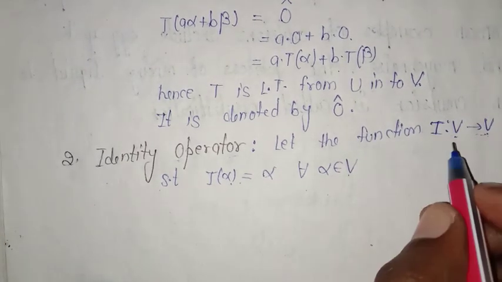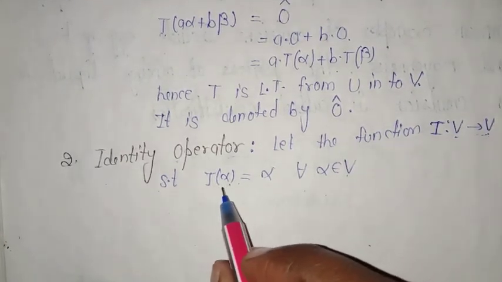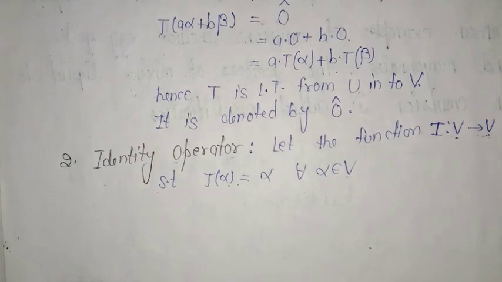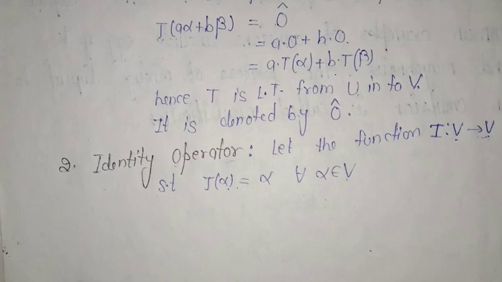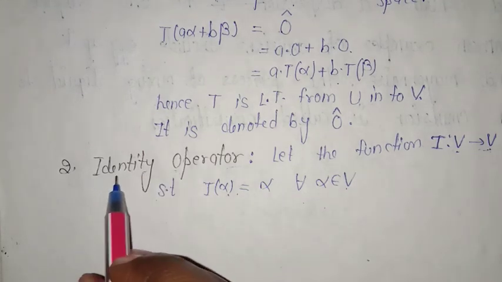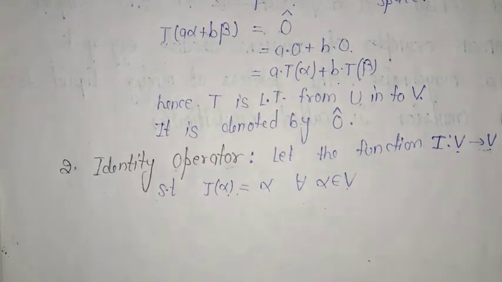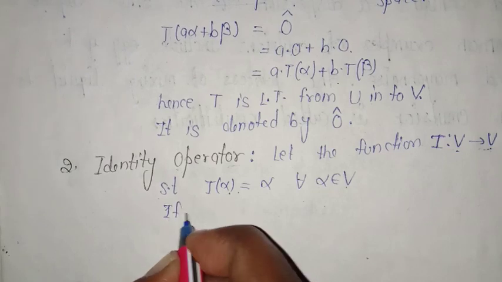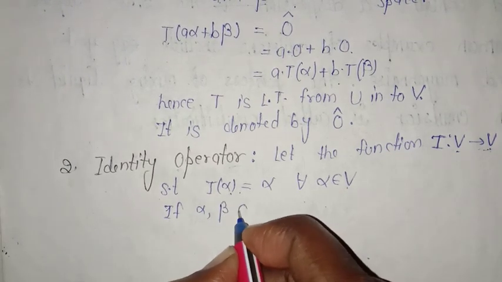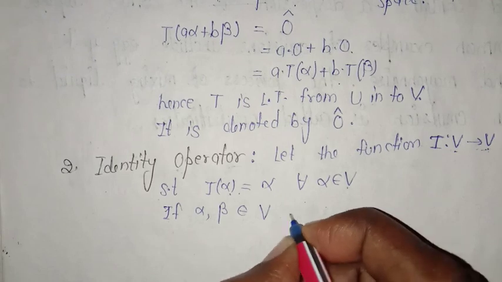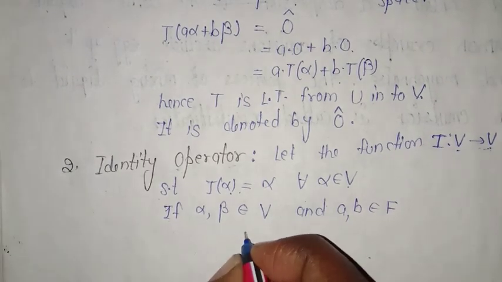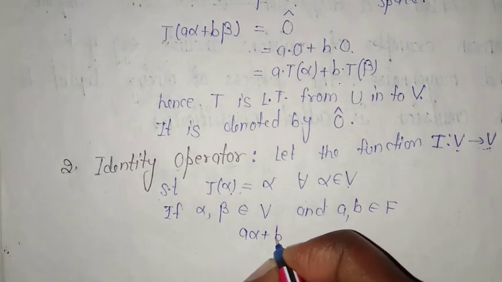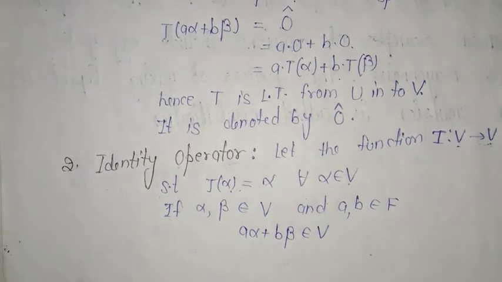If this map satisfies the condition of linear transformation, then we say that this transformation is also a linear transformation. So let's check the definition of linear transformation for the identity operator. If alpha, beta belong to V and A, B belong to F, then A alpha plus B beta also belongs to V because V is a vector space.